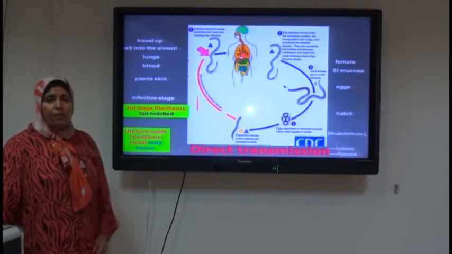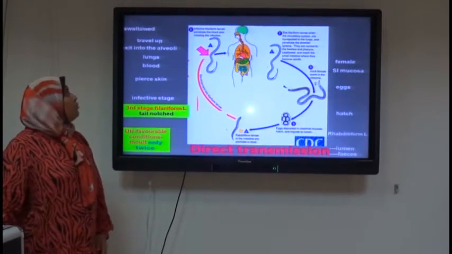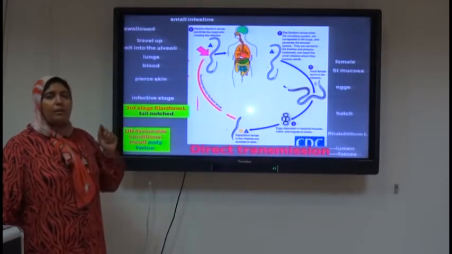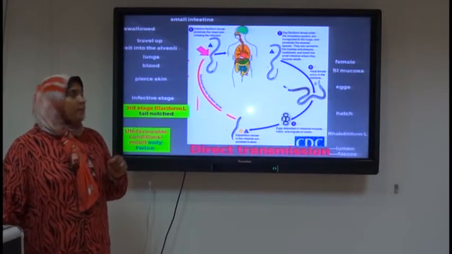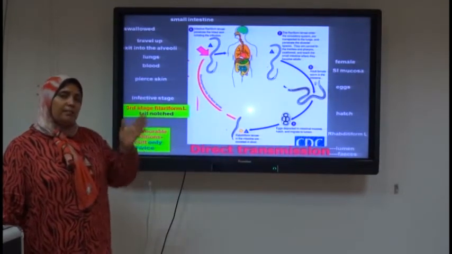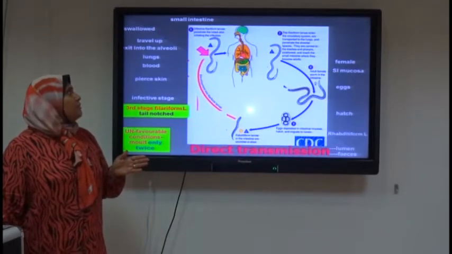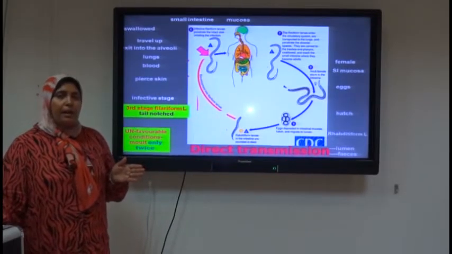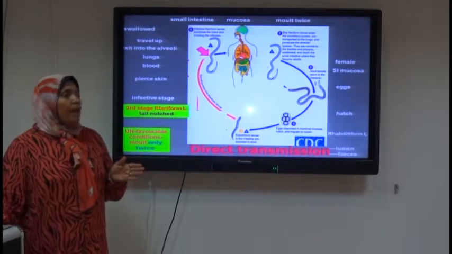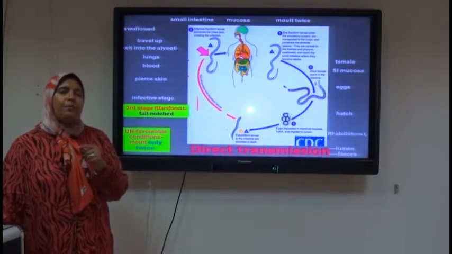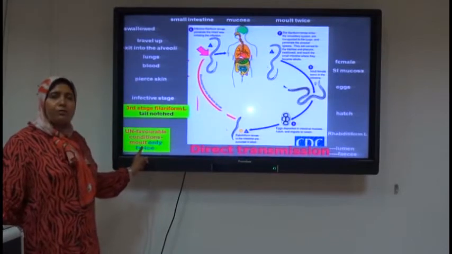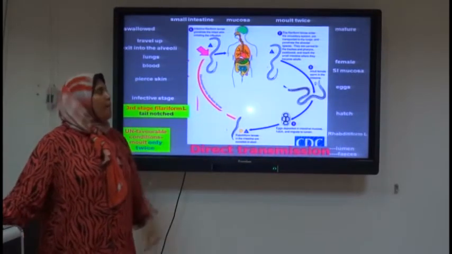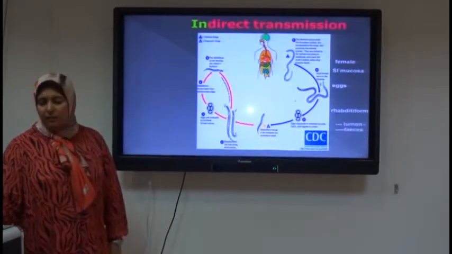They will travel up the respiratory tract to be swallowed and pass into the gastrointestinal system until it reaches the small intestine. There, it embeds into the mucosa, and another 2 molts happen there. Another 2 molts are required after the first 2 molts so that it can mature to the adult stage.